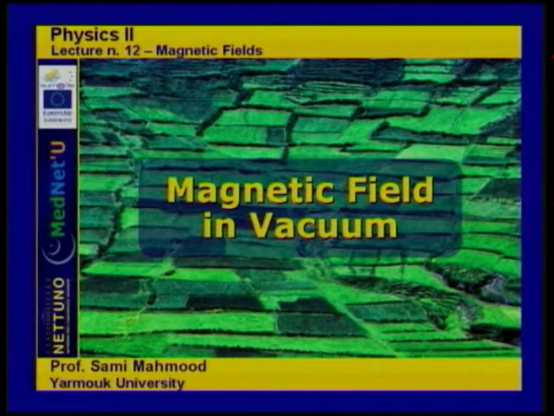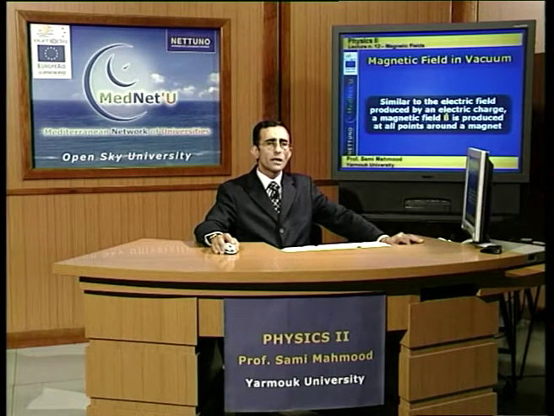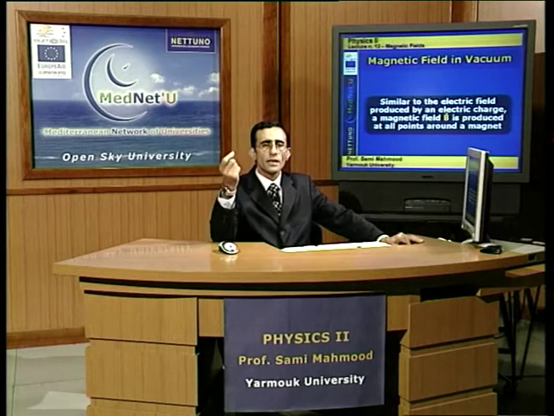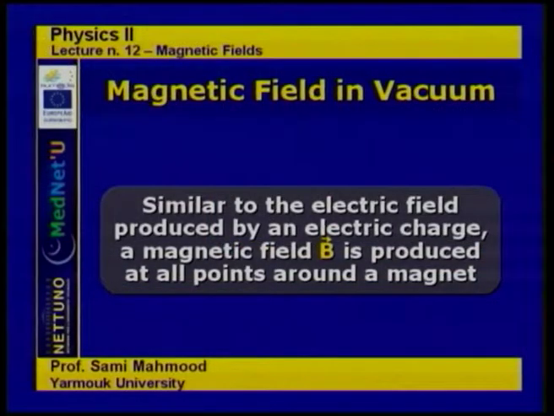Now we start talking about the magnetic field, and we consider the magnetic fields in vacuum. We will not be dealing with the effects of magnetic fields in materials in this discussion of ours. We have to remember that charges, electrical charges, set up an electric field around the charge distribution.